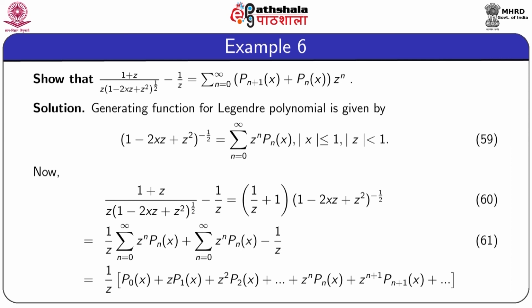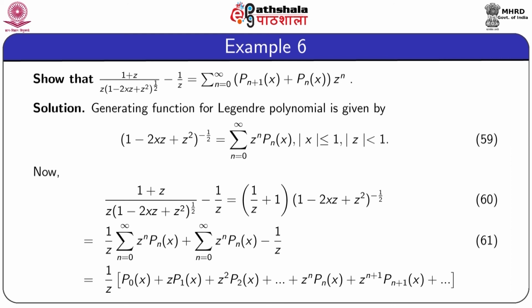In the final example, we have to show that (1 + z)/z multiplied by (1 - 2xz + z^2)^(-1/2) minus 1/z is equal to summation n equal to 0 to infinity (P_{n+1}(x) + P_n(x)) multiplied by z^n. As usual, we take the generating function given by equation 62.